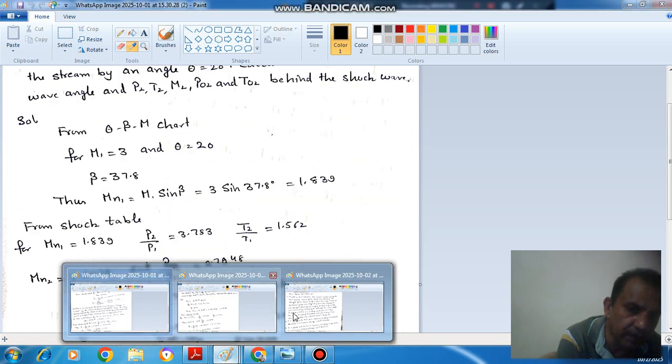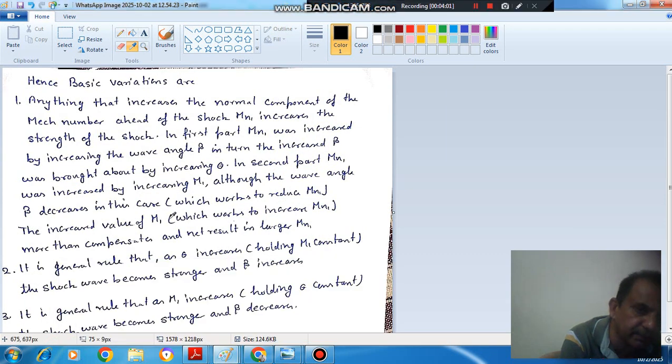So Mn1 is increasing but beta is decreasing. The reason for increasing Mn1 here is not beta, but M1. Here beta tends to reduce Mn1, but the increase in M1 increases Mn1, so the net result is to increase Mn1 because this effect is more prominent.